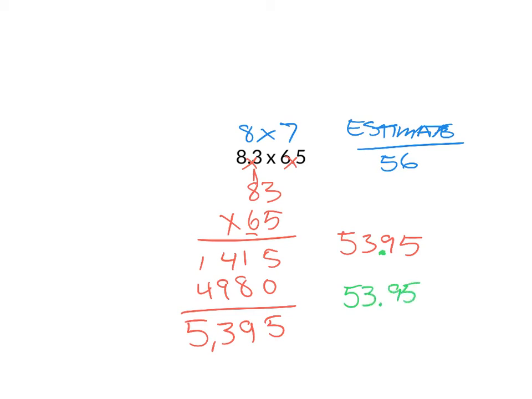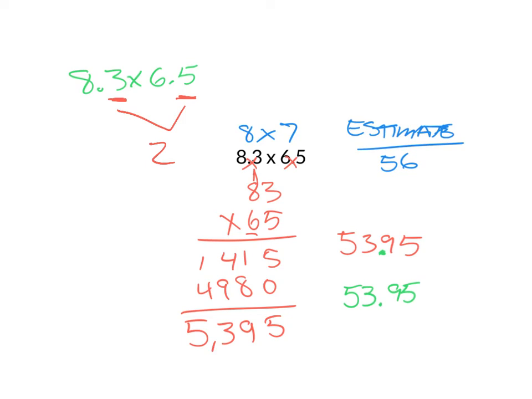Now, there's another way that you can do this that your parents might say is how they solve it, or maybe you've heard this before. If you look at 8 and 3/10 times 6 and 5/10, you can look at the number of digits behind the decimal point. In 8 and 3/10, there's one digit. In 6 and 5/10, there's one digit, for a total of 2 digits. So in your product, you know that there needs to be 2 digits behind the decimal place.